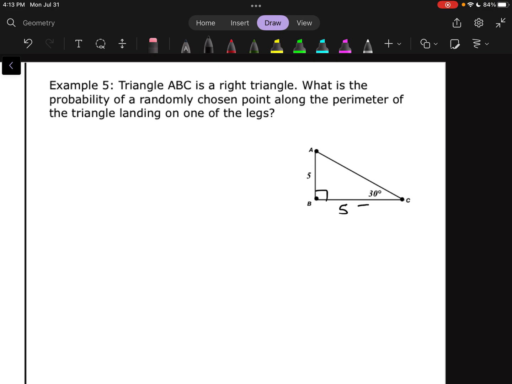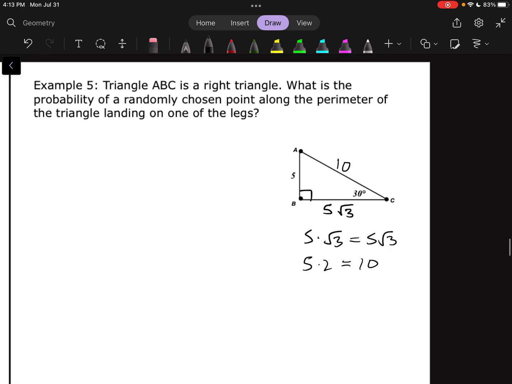And if you remember your 30, 60, 90 triangles, if the short leg, the side that's opposite the 30, is 5, then the long leg is 5 root 3, and the hypotenuse is 2 times 5, which is 10, right? If you want to see the work there, you multiply the short leg by root 3 to get the long leg, and you multiply the short leg by 2 to get the hypotenuse.